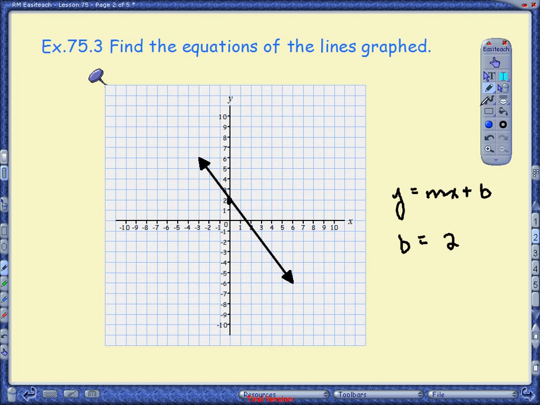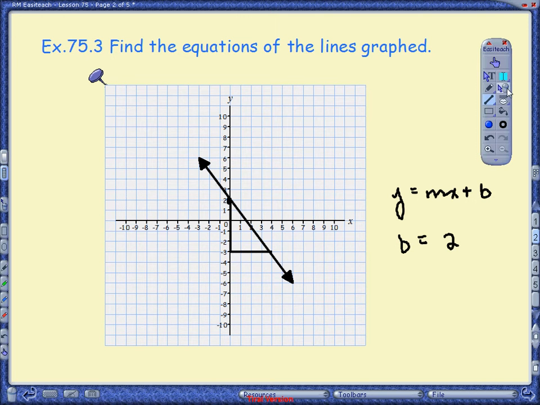We need to find our slope, and in order to find our slope, we have to make a triangle. We make a triangle from the place it crosses over the y-axis down to the next place where it is going right through the corner of the box. So that would be right over here.